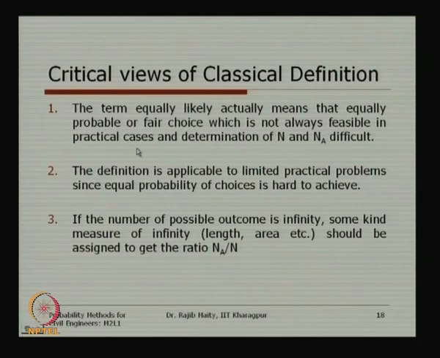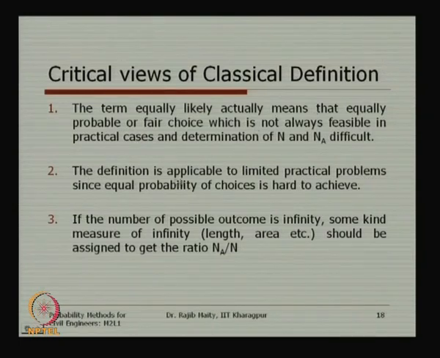Having a fair dice or fair coin is impossible, even if you go for a very large number of trials, and how large is large enough to get a probability of 0.5 for a head, or 1 by 6 for a particular number on a dice? Whether they are really equally likely cannot always be ensured. So this is the first problem that the classical definition faces.